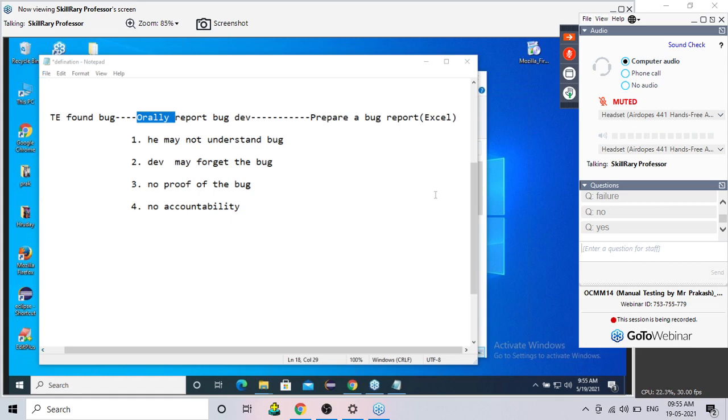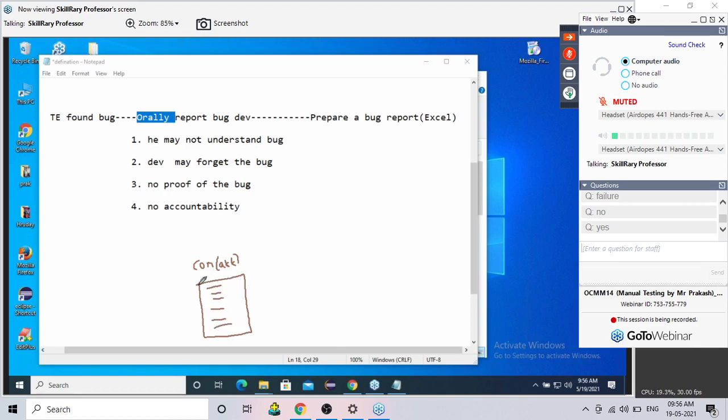Next. Third point you observe, guys. See, I'm testing. Just now I found that in the compose, attachment is not working. So neatly I will prepare one bug report. As I said, I will teach you what to write here. I'll write something, that I did this, but after doing this I observed that attachment is not working.